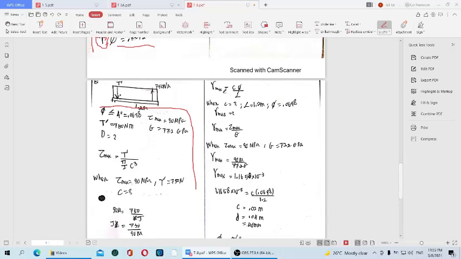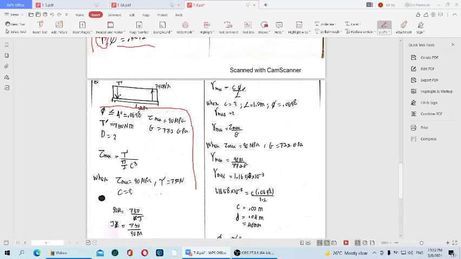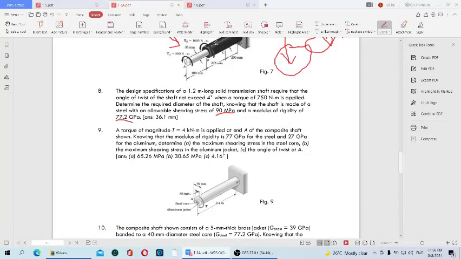I am using the shearing strain formula, the relationship between shearing strain and the angle of twist: gamma equals c times phi over L. c is the radius of the shaft, phi is the angle of twist, and L is the length, 1.2 meter long. And phi is 4 degrees.